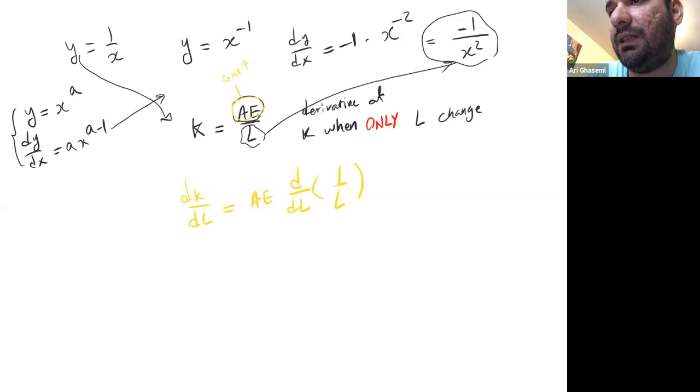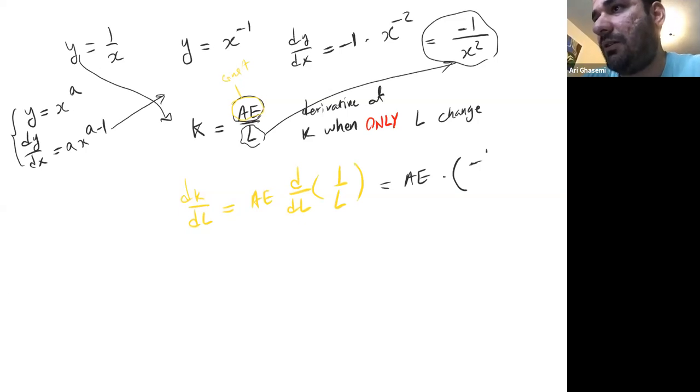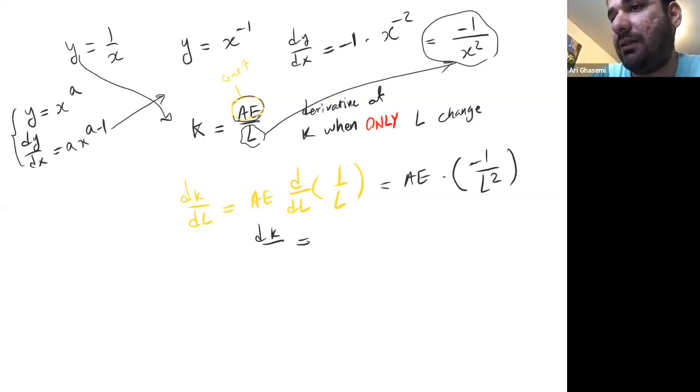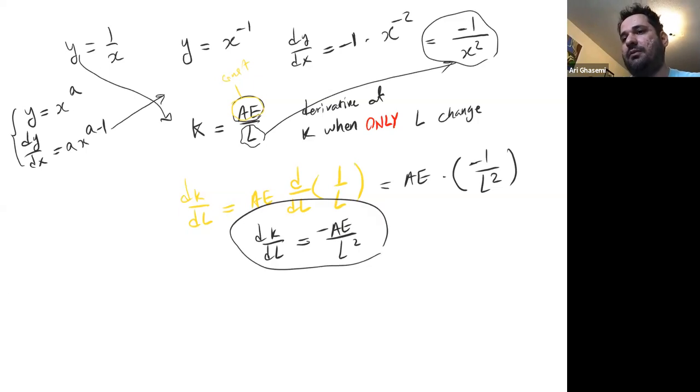And then you have aE times the derivative of 1 over L, which is what? -1 over L squared. I put them together. Partial k over partial L is going to be aE over L squared, with the -1. That's it.